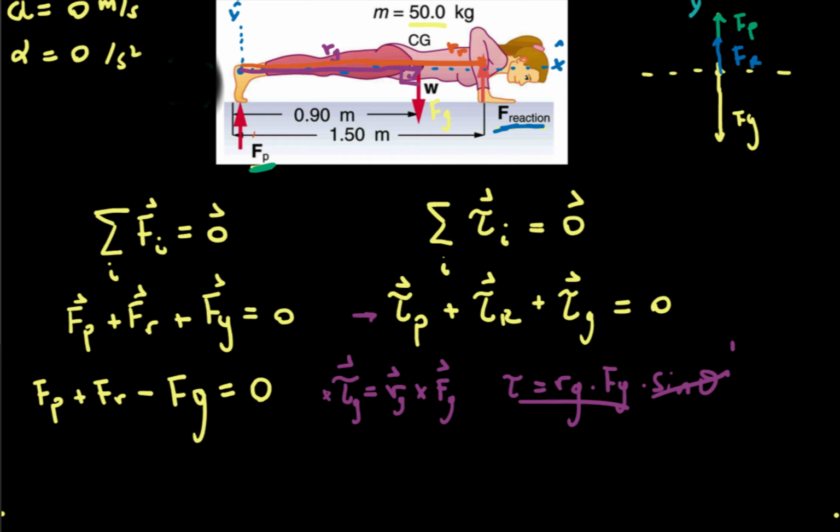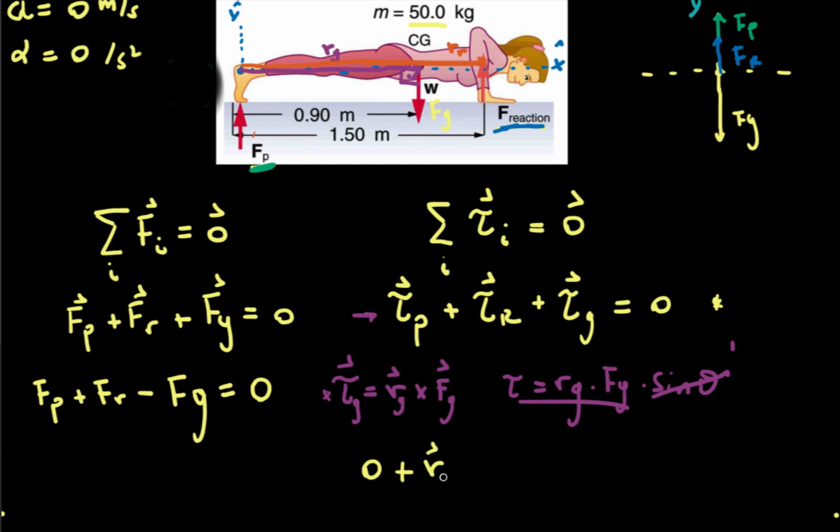Let me go ahead and write this out. From this line right here, the torque at P is going to be 0. Great. Plus the torque due to the reaction force is right here.